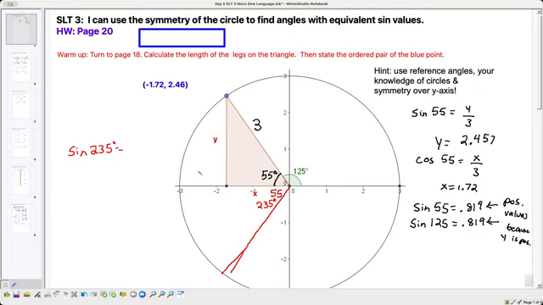And we get negative 0.819. Let's also put 55 degrees in here. I'm going to do 360 minus 55. I'm going to get 305.